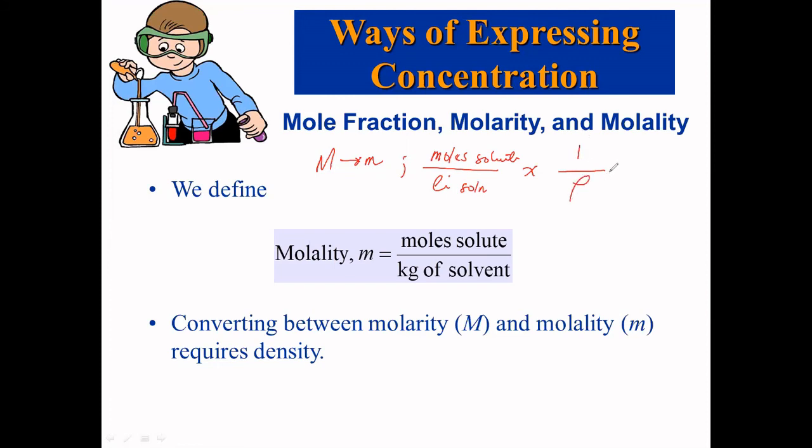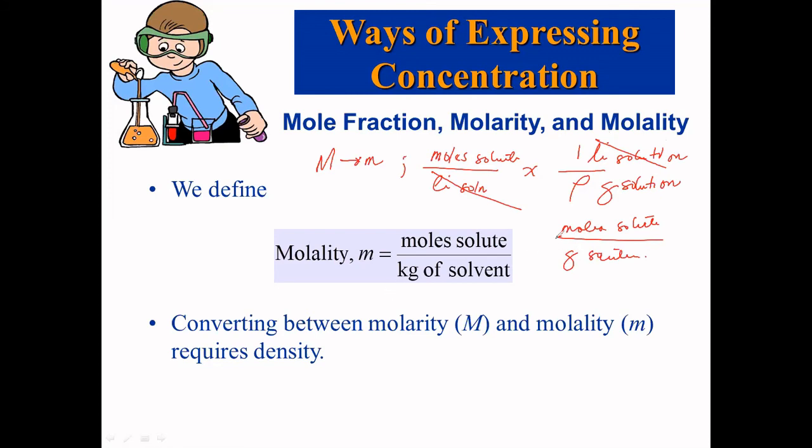I'll get the unit here. This is in grams solution, mass of solution over liter solution. Now I'm able to convert. Take note. You have now moles solute per gram solution.